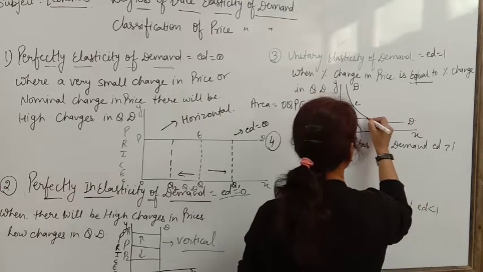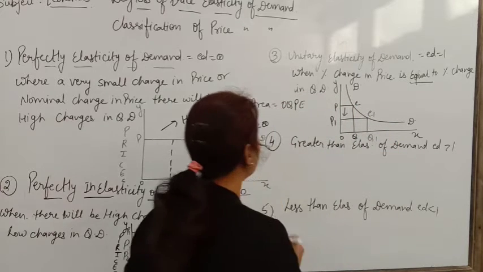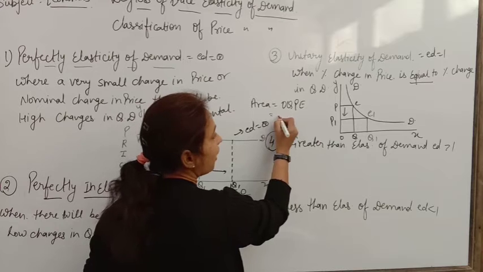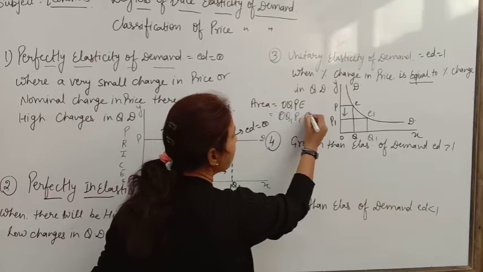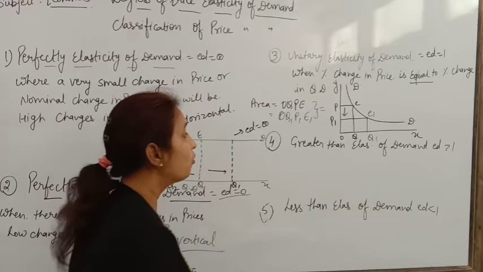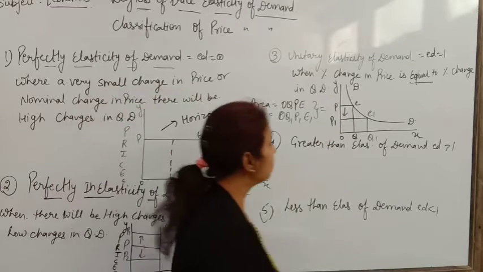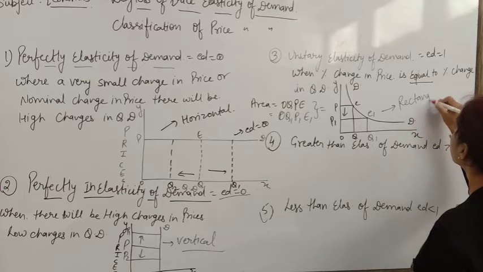The area will be E1 and Q1. So the new area will be O, Q1, P1 and E1, and both the areas will be equal. So when the demand curve is in which shape? Rectangular hyperbola.